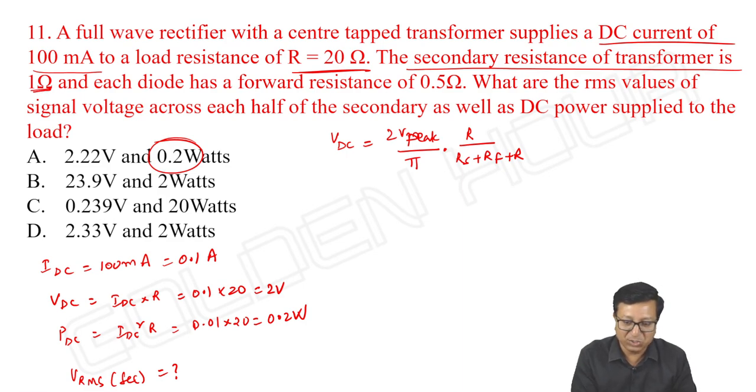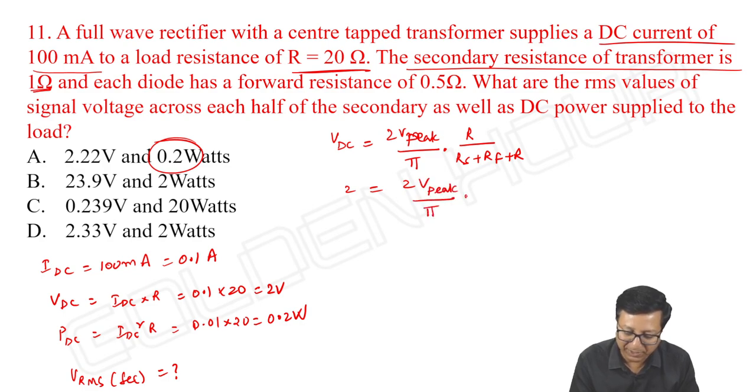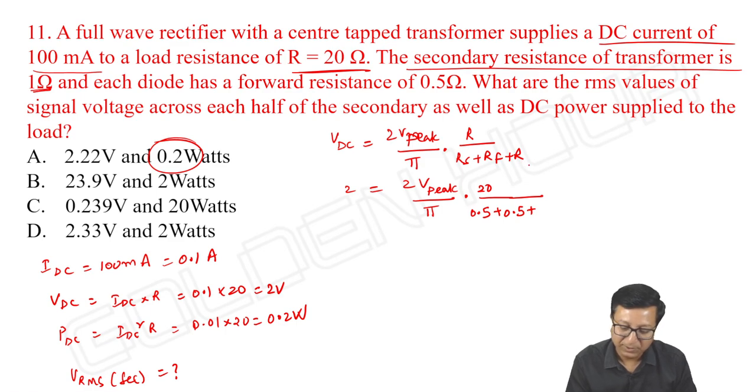So RS will be 0.5 ohms. So VDC is equal to 2 into peak amplitude of the input by pi into the load resistance 20 by coil's internal resistance 0.5 and diode forward resistance 0.5 plus R, which is 20.